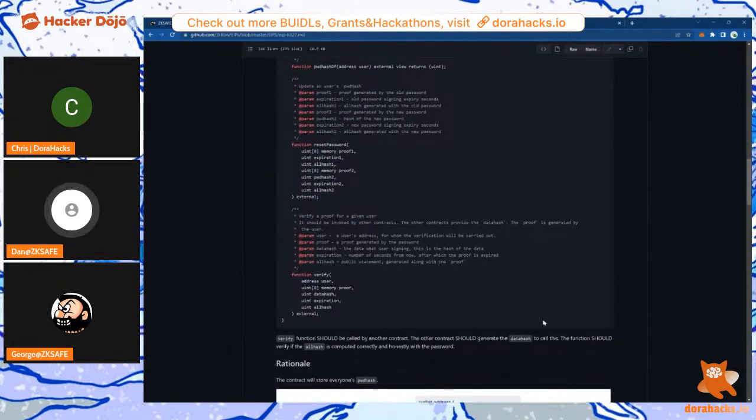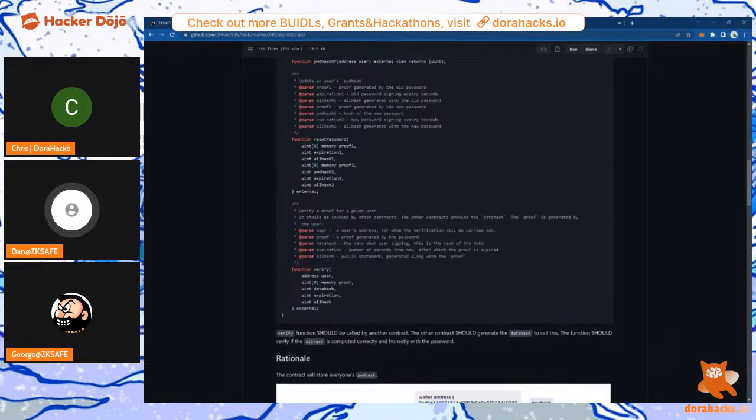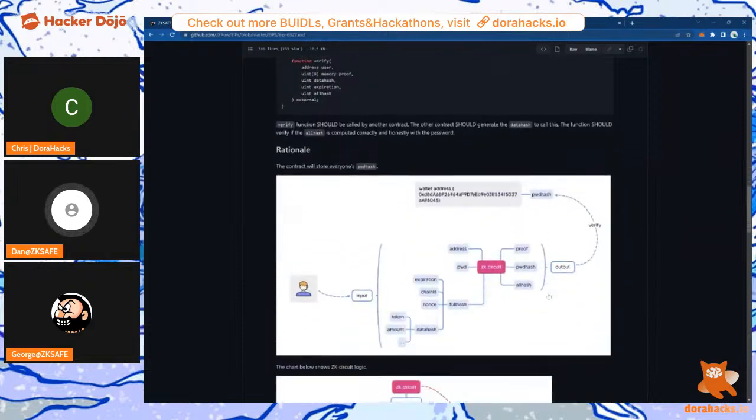The contract does the verifying, to verify that the transaction data is signed by the secret password, which is only known to the user. Once the contract confirms that, it returns to the DeFi app. The DeFi app can authorize the transaction to make it happen. So that's our simple rationale behind it.